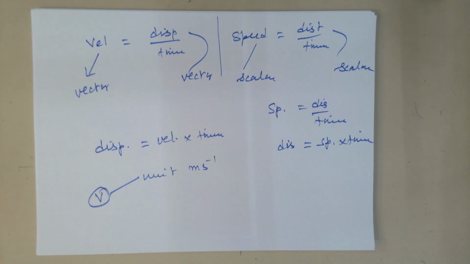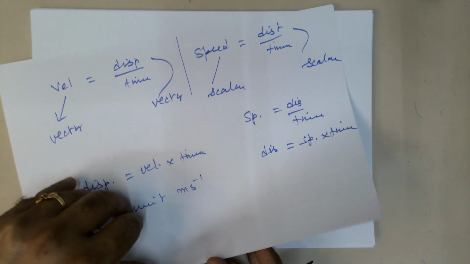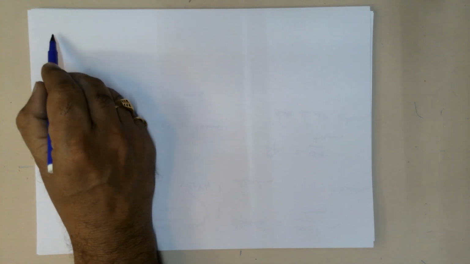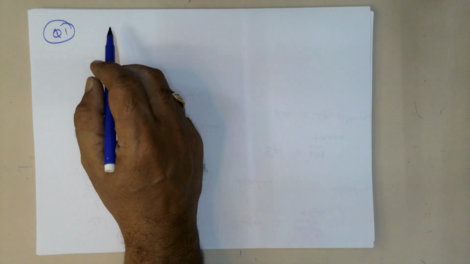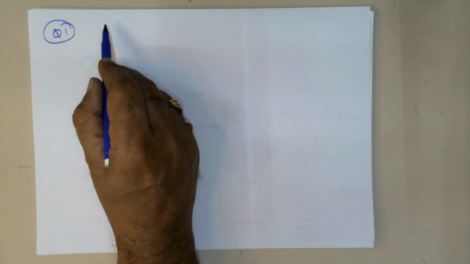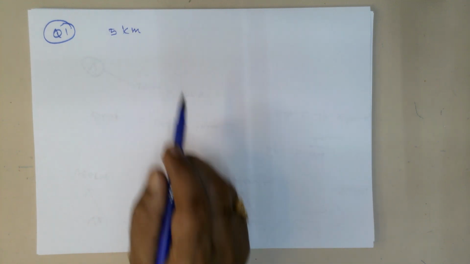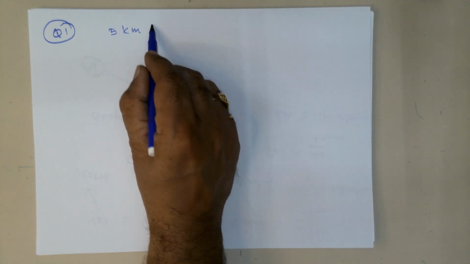Now let me consider a problem based on distance and displacement and also velocity. Take down. A boy travels 5 kilometer towards north.